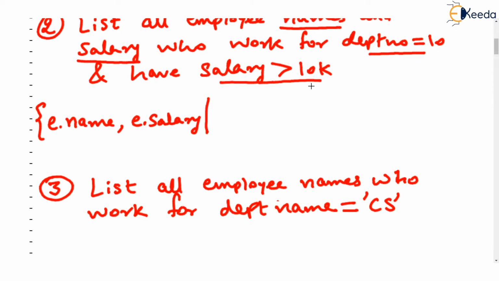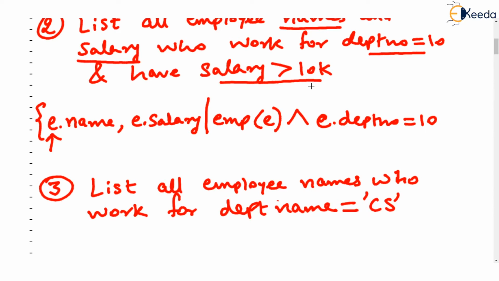Now this e is a tuple variable, and we have to tell that this tuple variable is going to range over all tuples of the EMP relation, and department number. So e dot deptno should be 10. Only then that tuple should be selected, and e dot salary must be greater than 10k.